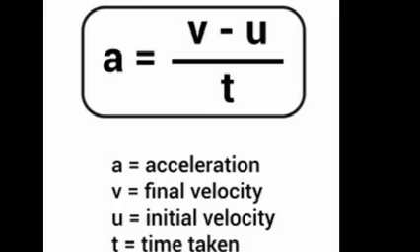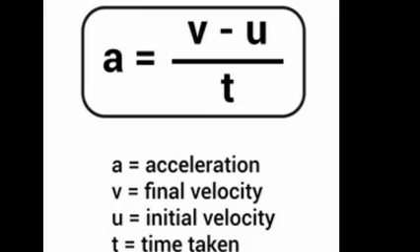For example, if v is 10, u is also 10, means acceleration, that means change in velocity, will be 0. Here v is final velocity, u is initial velocity, t is time taken. But in the case of non-uniform motion, the velocity will change as per the time. So here change in velocity will not be 0.